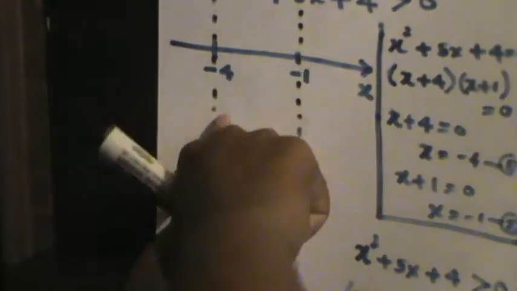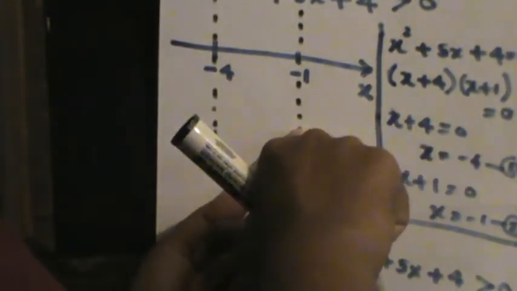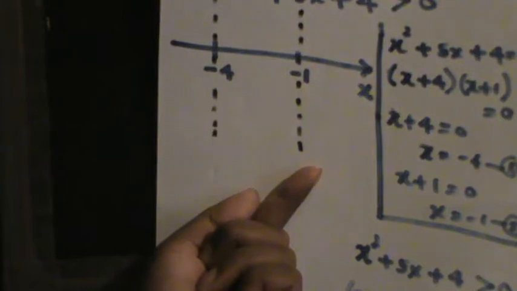So that's quite interesting, right? Now here, in the first range the right limit is minus 4 and the left limit is negative infinity, and within this range the left limit is minus 4 and the right limit is minus 1, and within this range the left limit is minus 1 and the right limit is positive infinity.